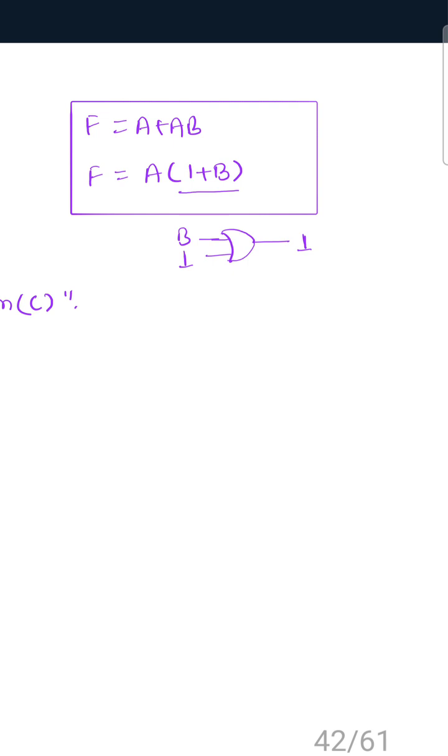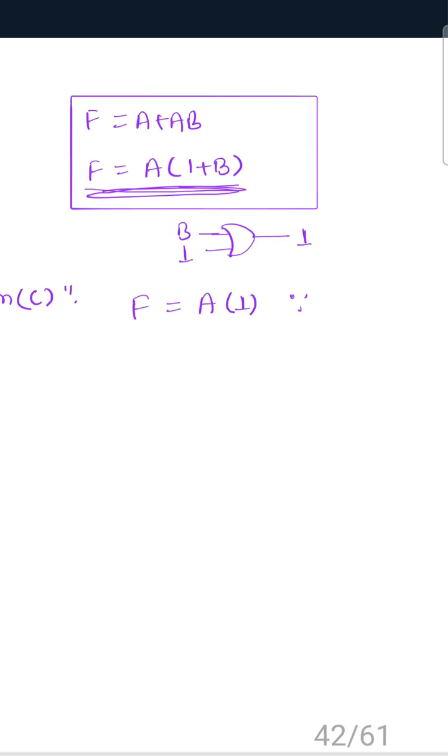This is called absorption law. So this expression can be further reduced as f = a AND 1, since 1 + b is always 1. Okay, so finally f = a is your simplified expression.